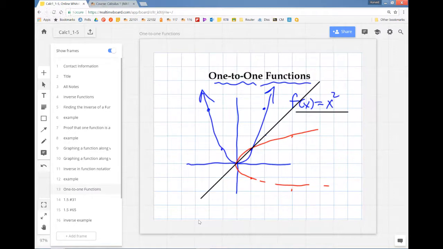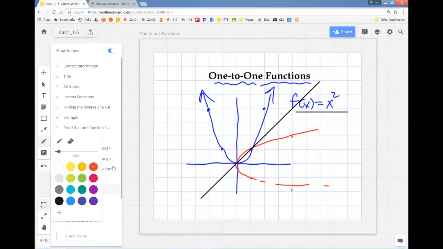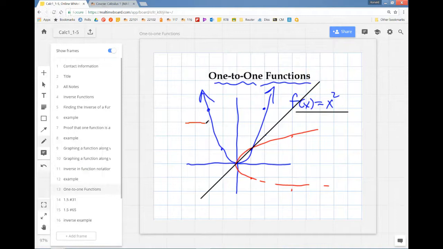So one-to-one means, does the original function pass the horizontal line test? So take the original function, pass a horizontal line through. If it crosses in more than one point, then the function is not one-to-one. That is, you can still find its inverse, which I've done here, but the inverse will not be a function.